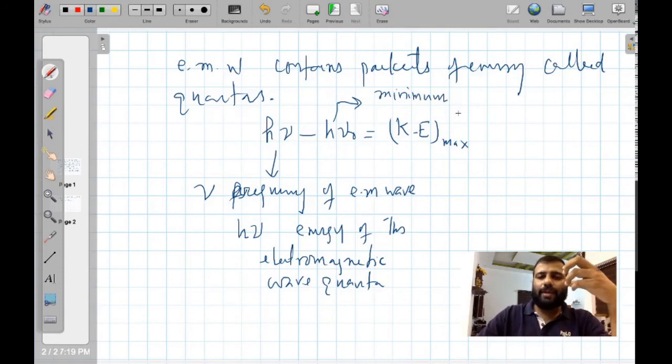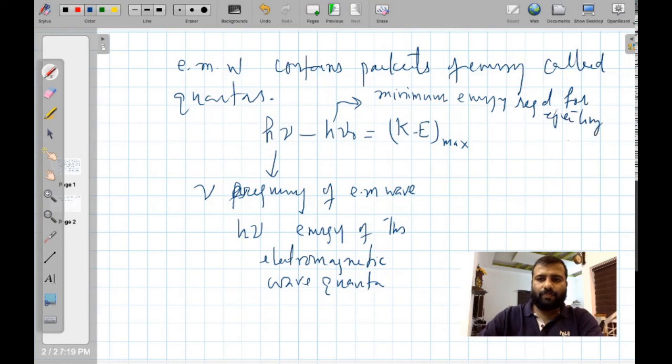We require this because electrons are bound in the metal, and we need a certain minimum energy in order to get these electrons released from the binding of the metal. So it is the minimum energy required for ejecting an electron.